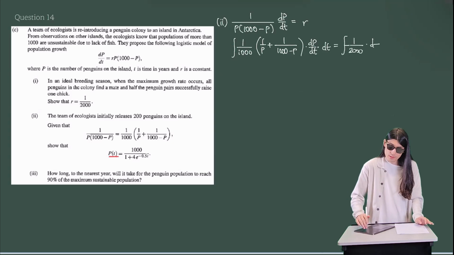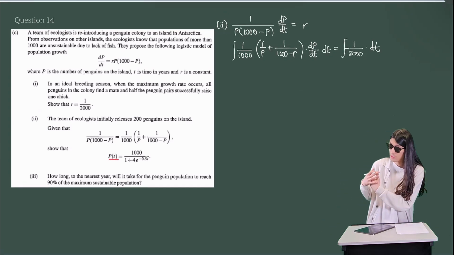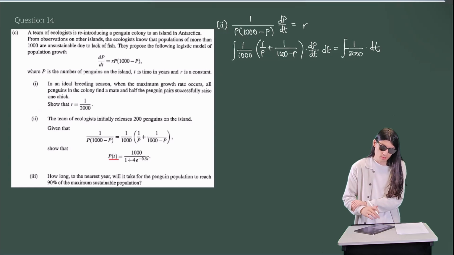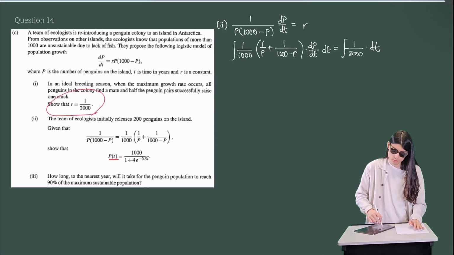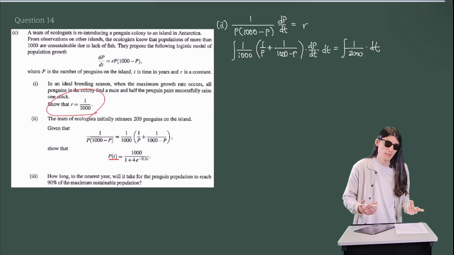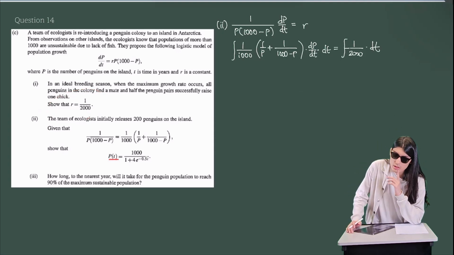And about that, let me just quickly comment. It's a point that I have made before in the class, but let me just comment once again, guys. Even if you were not successful in showing that r is equal to 1 over 2000 in part I, you can in your HSC just assume that you've done part I successfully and use the result of part I to solve part 2.